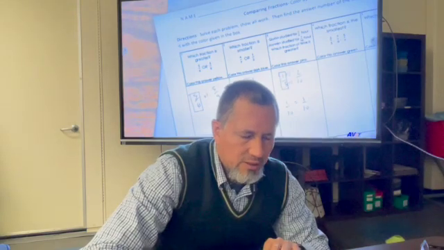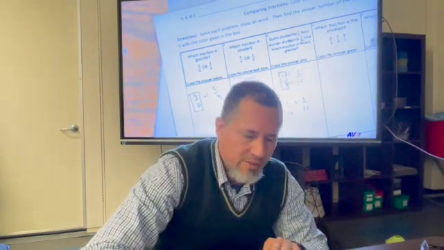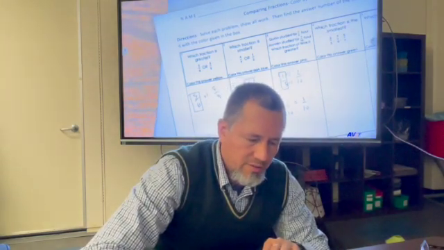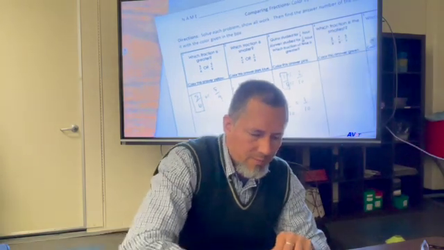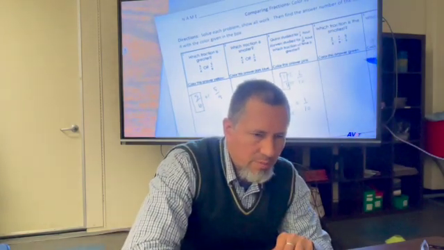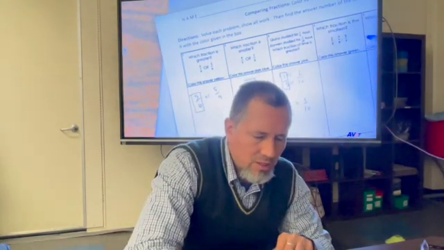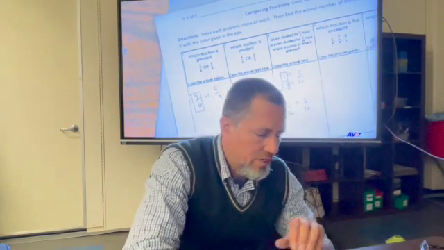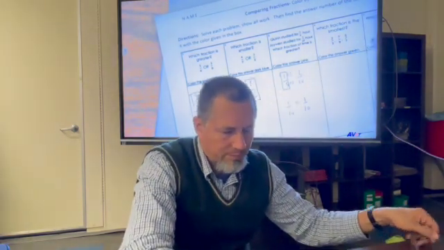Which fraction is the smallest? 2/3, 7/9, or 5/7? Okay, I'm gonna look for a common denominator, least common denominator of 3, 7, and 9.